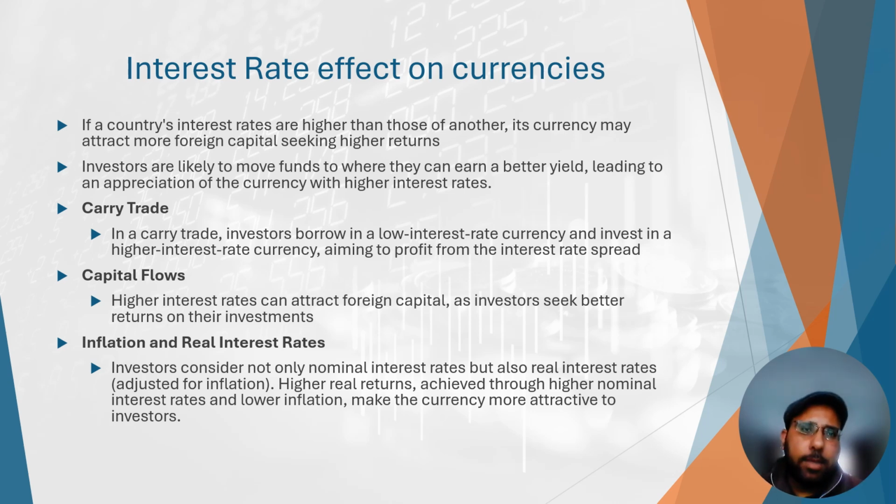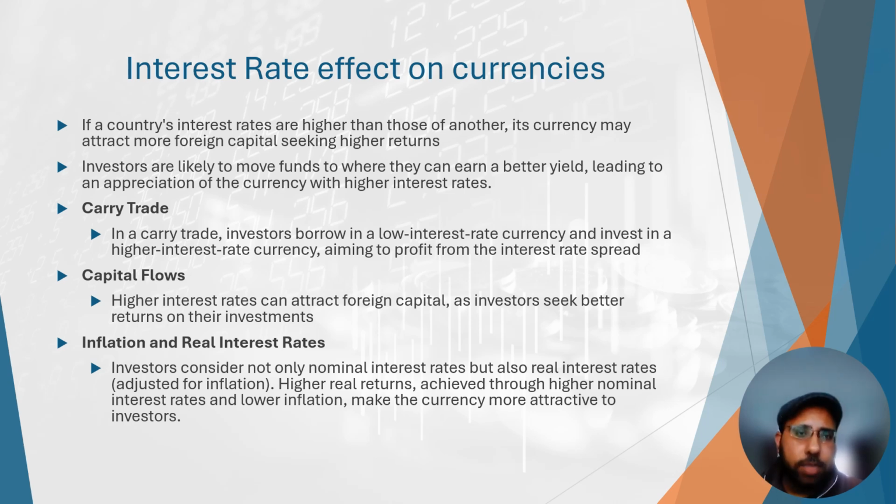And finally, inflation and real rates. Now, interest rates and inflation are naturally closely linked. Central banks, as you know, will raise interest rates to control inflation and lower them in order to stimulate the overall economy. Okay, so when we talk about high inflation, we know it erodes the purchasing power of the currency, it weakens it.